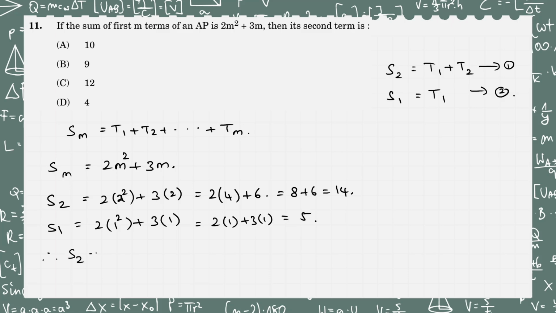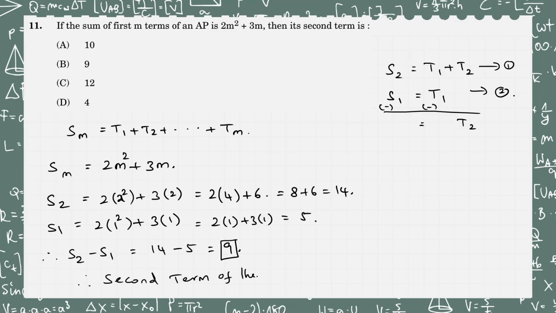So S2 minus S1 will be 14 minus 5, which is 9. So S2 minus S1 will be giving us term 2 as the answer, right? So this 9 should be the value of term 2. Therefore, second term of the AP is 9, right? So option B is the correct answer.